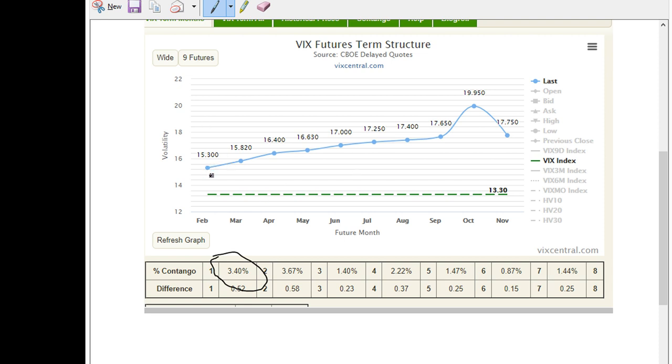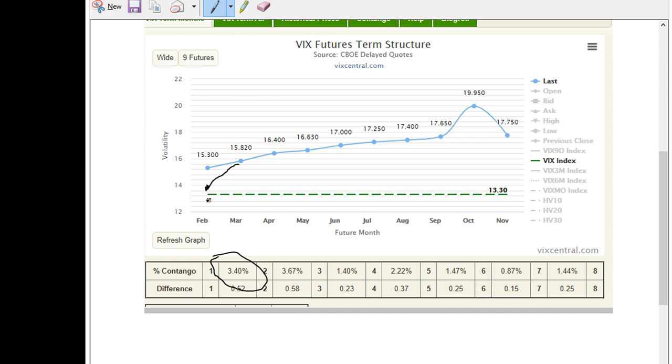But generally what's going to happen is, as time goes by towards expiration, these futures are going to curve lower towards spot. And yes, in relationship to each other, there's greater contango, but that's offset by the fact that there's less opportunity, because as this front month future dips towards spot, there's less space between the future and spot.